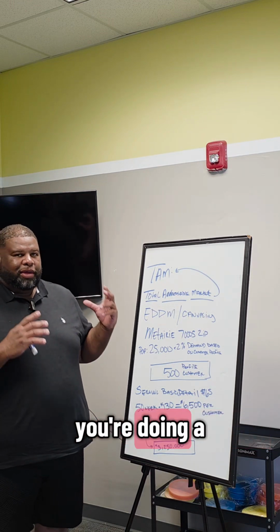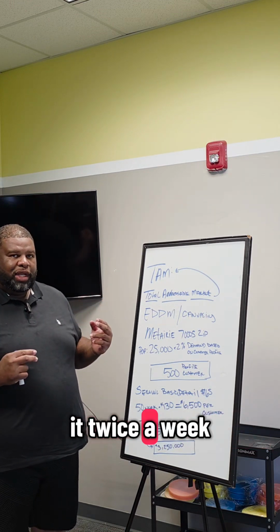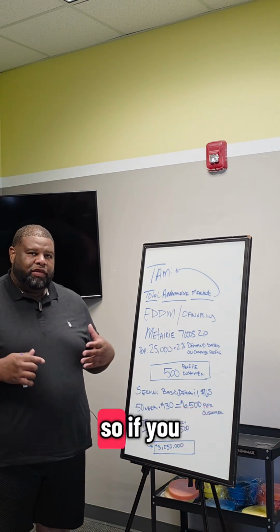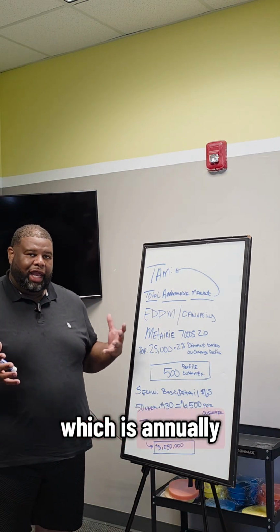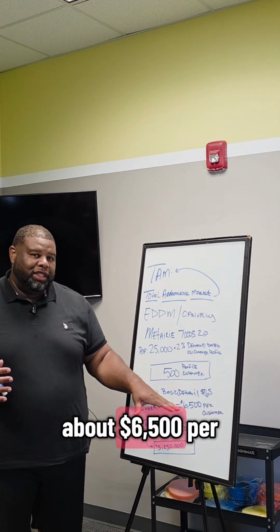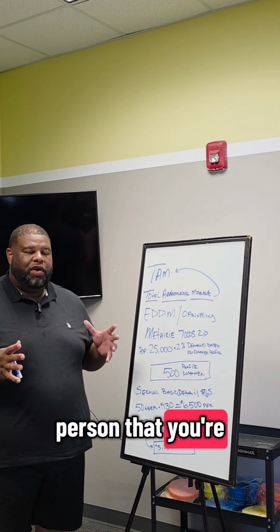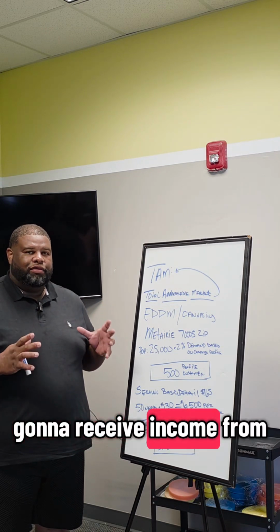So let's say you're doing a basic cleaning twice a week, so that means it's going to be $130. If you do it over the course of a year, which is annually, you're looking at about $6,500 per person that you're going to receive income from.